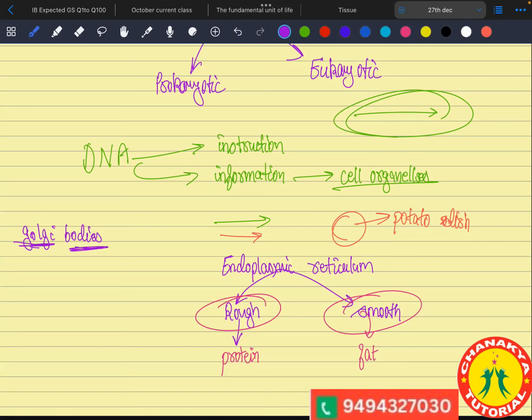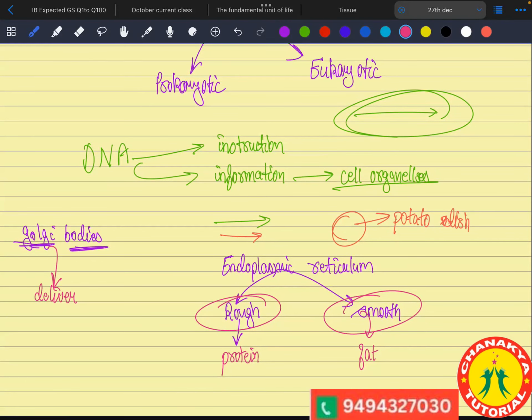The work of the Golgi body is, like in the same hotel example, if food is prepared, the Golgi bodies will deliver that food. If any energy or food is prepared inside a cell, the Golgi bodies are used to deliver it. So this is a specific function of Golgi bodies.